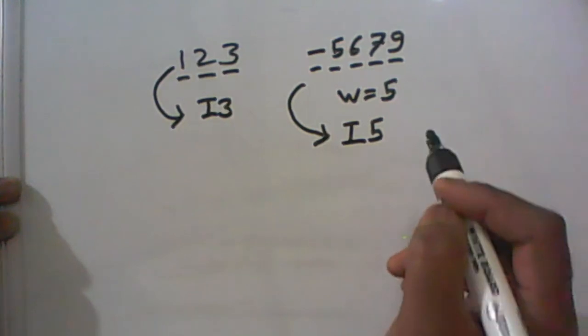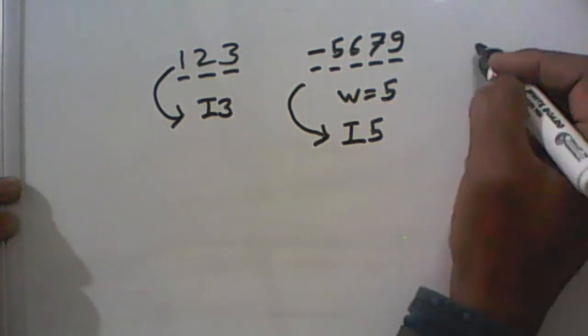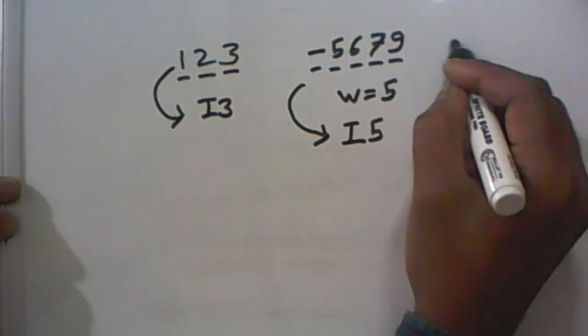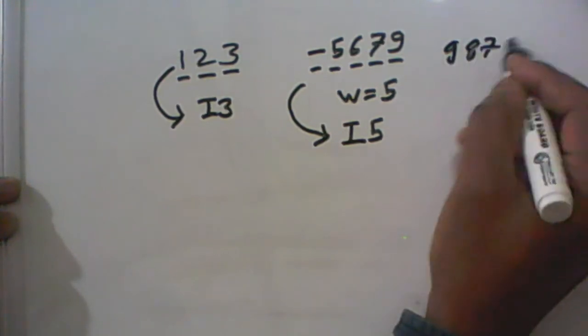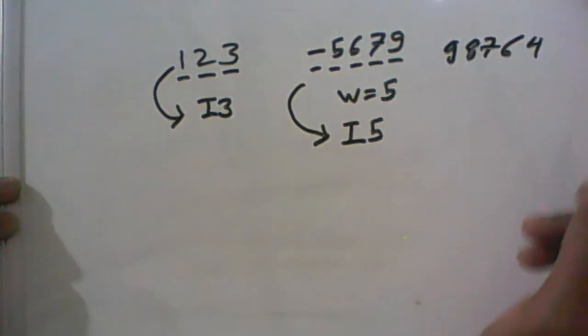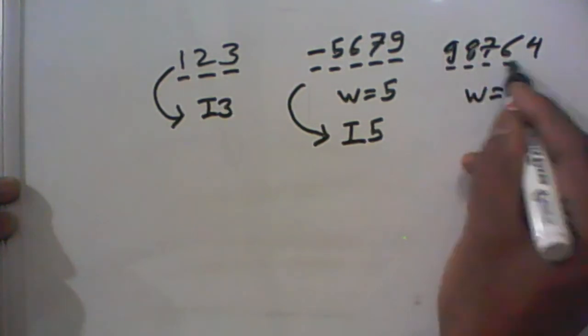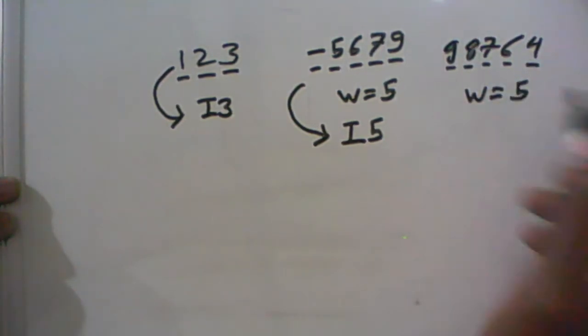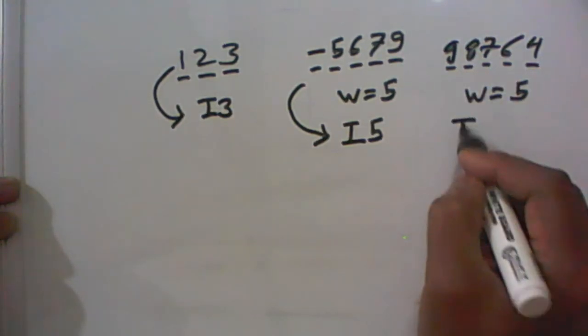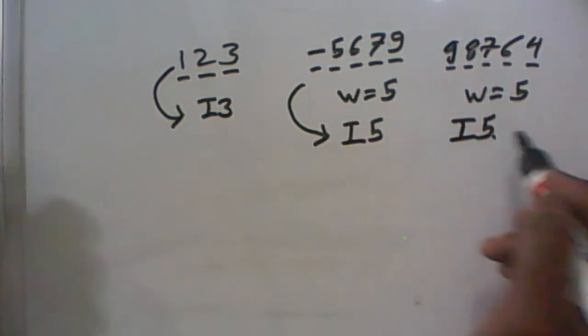Any other data, say 98764. So here W is 1, 2, 3, 4, 5 and it is integer type, no decimal point. So the format will be I5.